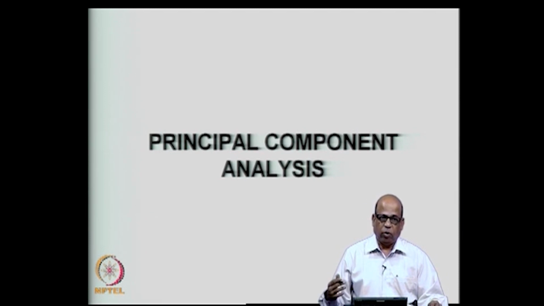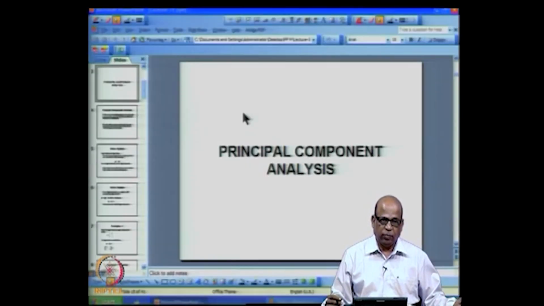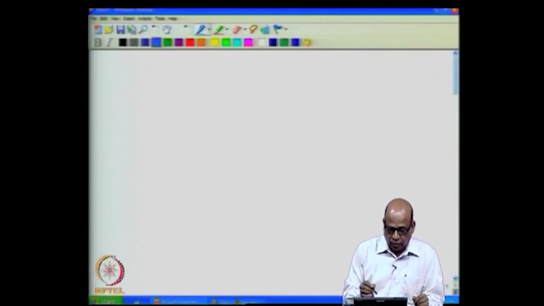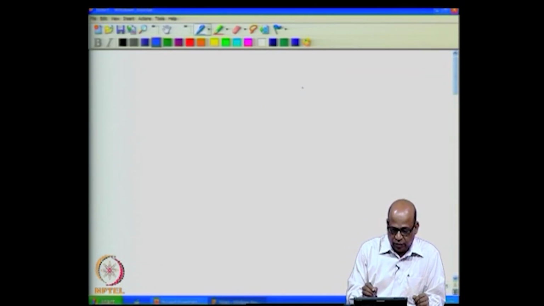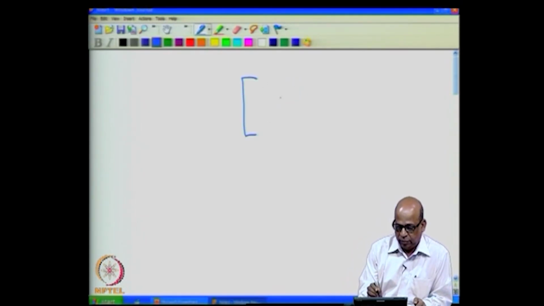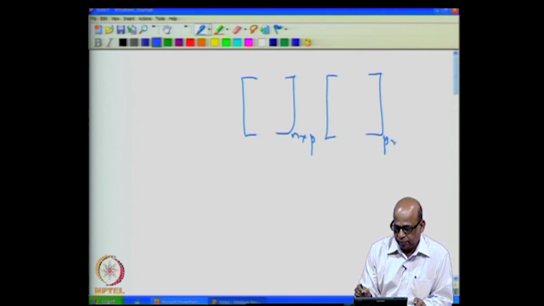At least some of you would have gone through the matrix algebra earlier. When we say two matrices can be multiplied, as I mentioned, let us say you have a n by p matrix and then you have a p by q matrix.